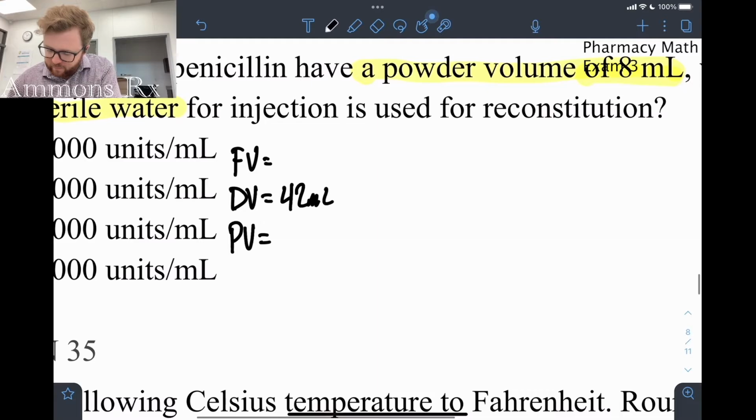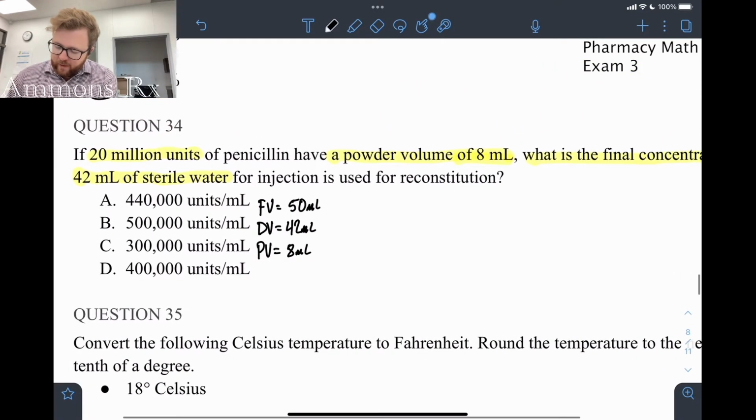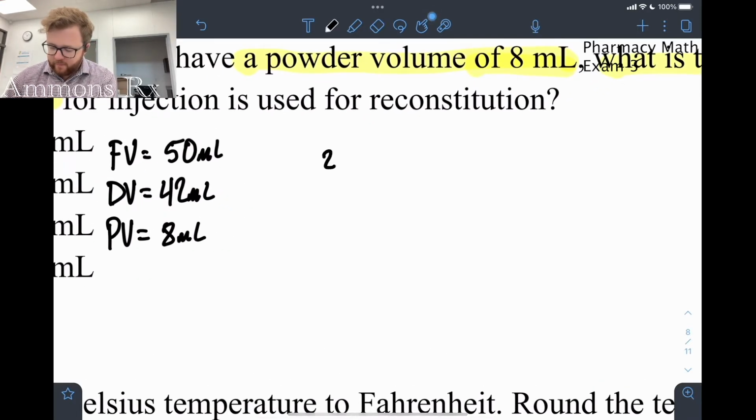Powder volume. And PV plus DV is FV, which is 50. Final concentration is based off of amount of drug in the final volume, so that's 20 million over 50.